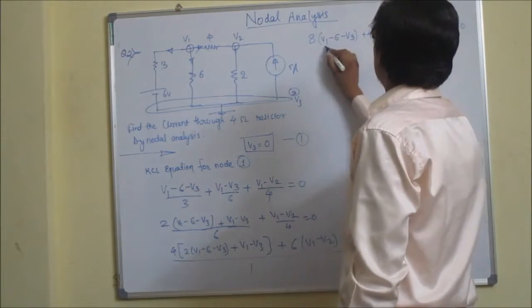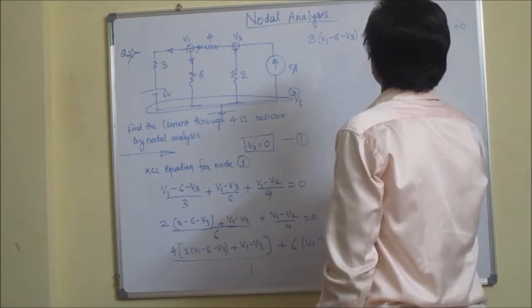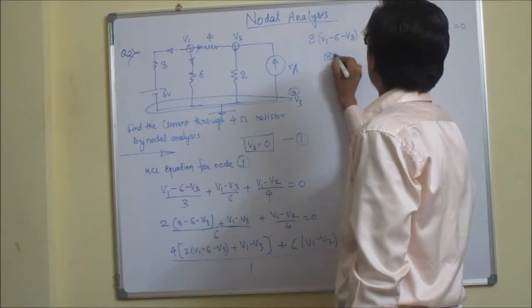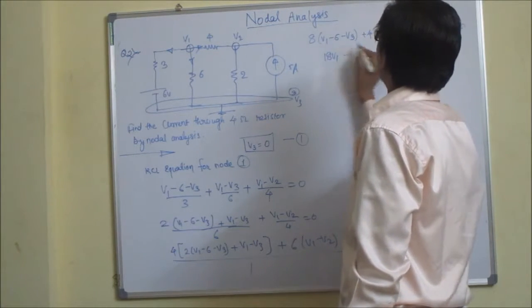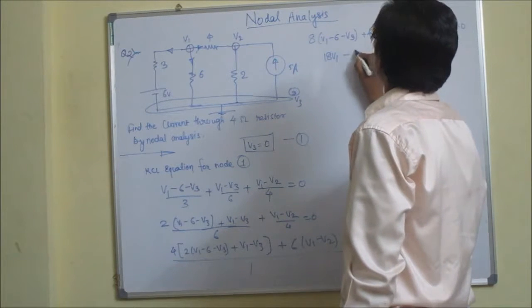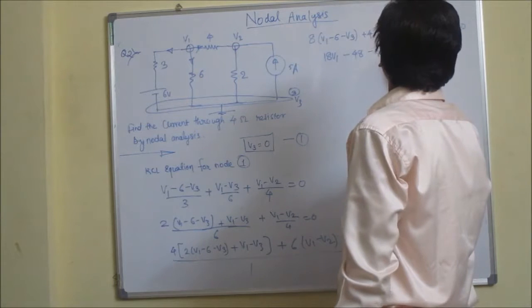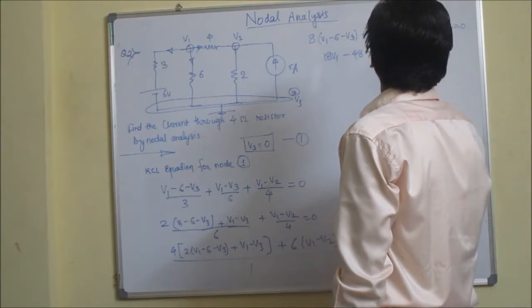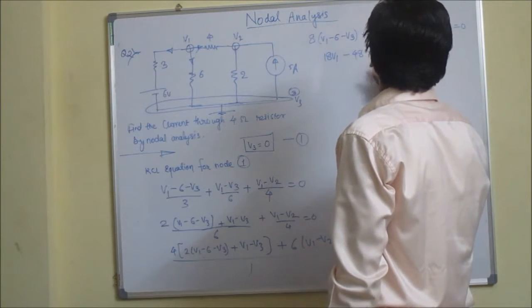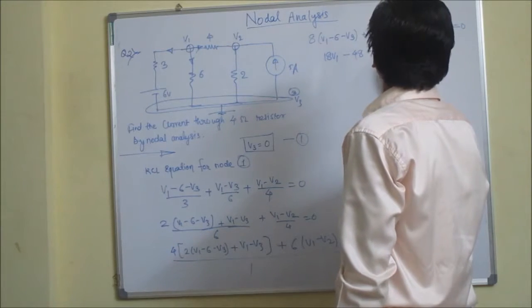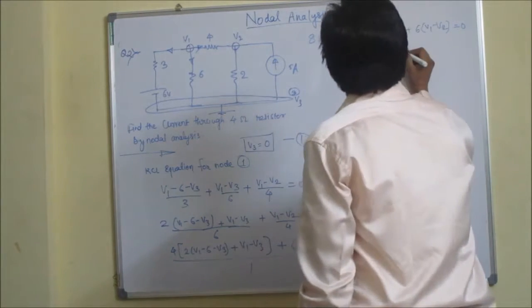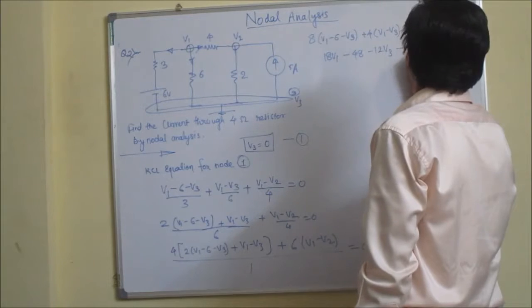Now I take 8 plus 4 plus 6, that is 18 V1, minus 48, minus 8 V3, minus 4 V3, that is minus 12 V3, minus 6 V2.